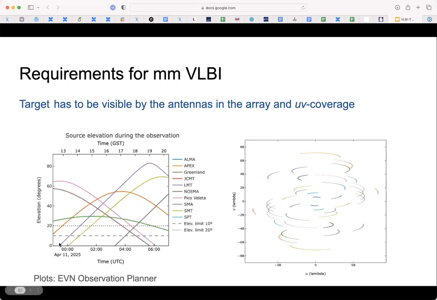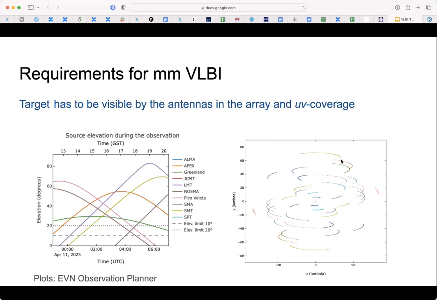In this case, you can see that for time, this is your time of observing, your sources go up and down, and these are, in this case, EHT target antennas. You can see when your source is visible at any given time by which telescopes. This is extremely important for VLBI observing, and it's something the observatory needs to know.